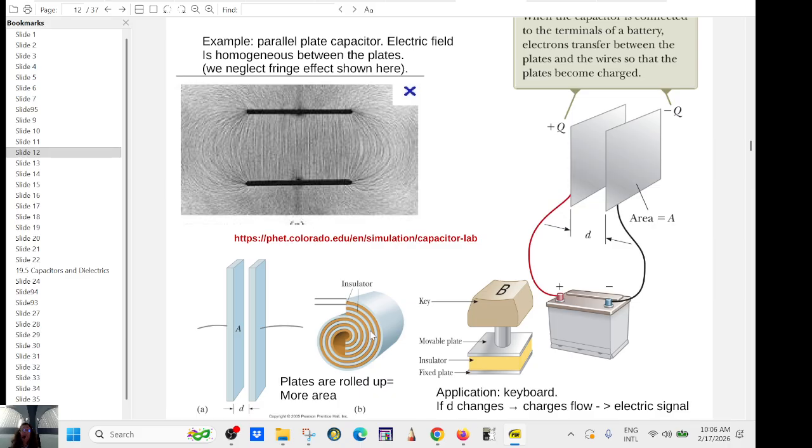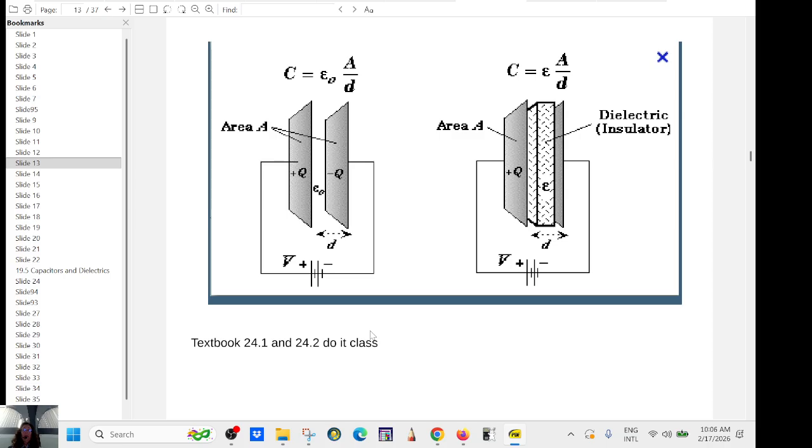So that will be the equation. In that case, capacitance is the area over the distance. You can boost the capacity by placing not air, but some special kind of insulator, and they call that a dielectric.